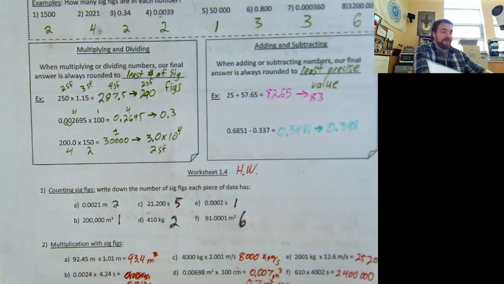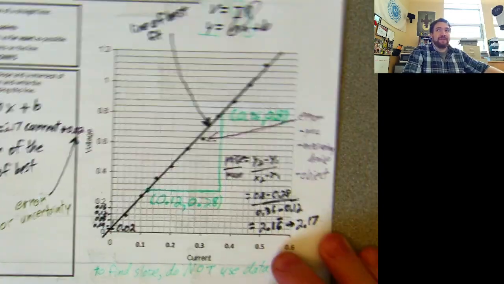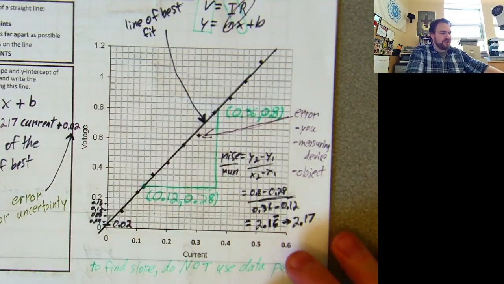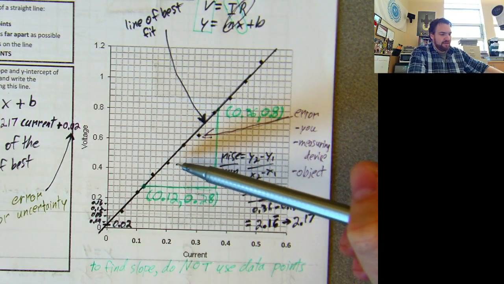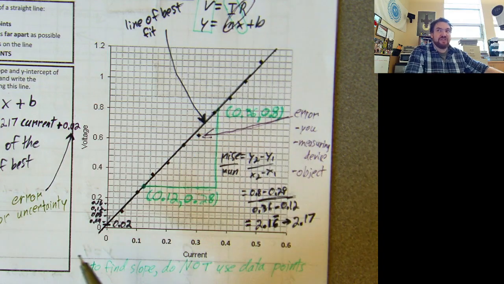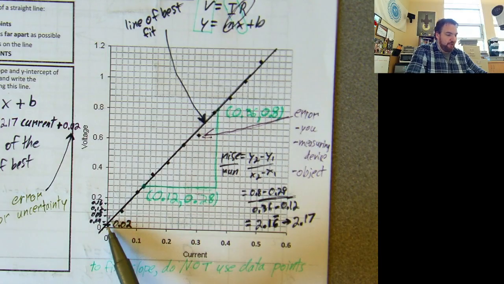You have to be careful, though, because I gave you this one yesterday, and a student who shall remain nameless to protect their identity said, I got different slopes when I counted the squares versus when I actually did the math. And yeah, that's because they're different. The scales are different. The square isn't 1 by 1. It's 0.04 by 0.02.